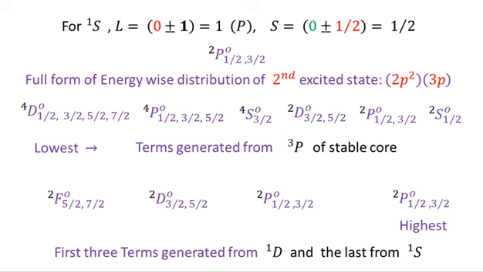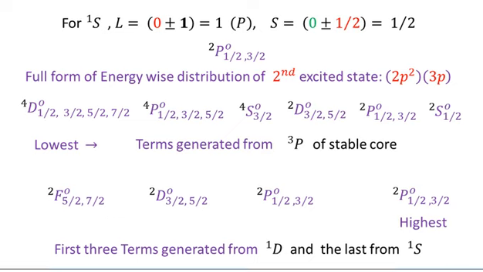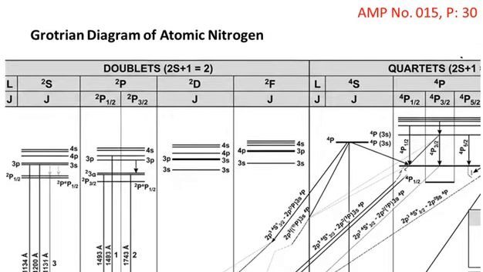Then corresponding to the first excited state of nitrogen, which was 2p2 and 3s, and then the next higher state, which was 2p2 and 3p, and the ground state was 2p3. So corresponding to these, I have obtained all the energy terms. Then I can arrange these terms in the energy or Grotrian diagram.